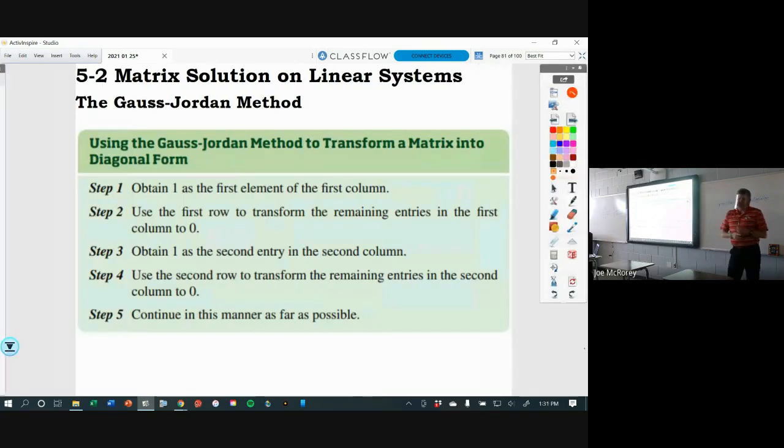Here are the steps for the Gauss-Jordan method. Step number 1. In row 1, make that first element a 1. Once you have a 1 in the first element, step number 2 says use that row to make the first element in every other row a 0.